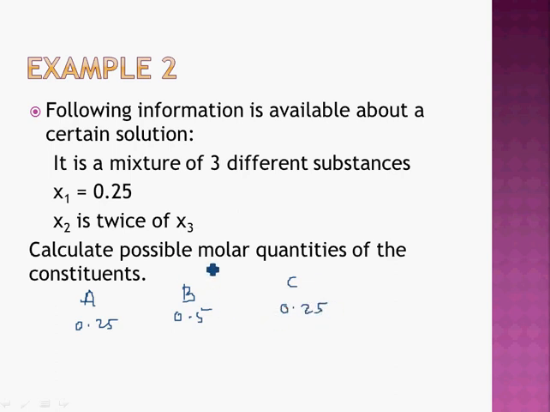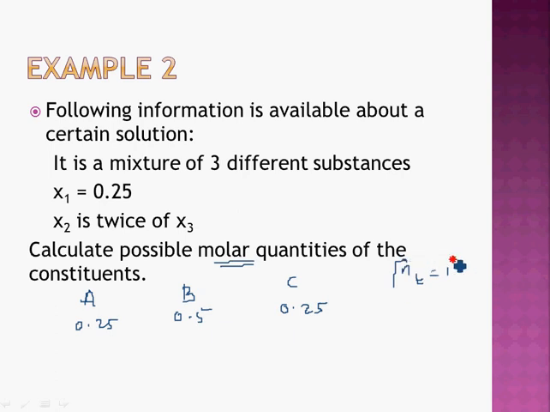But we do not have to calculate mole fraction. What we have to calculate is possible molar quantities, that is absolute values. So we have to interpret this data. This is mole fraction data, that is, it is in relative terms. Concentration units are always in relative terms, so I have to change this relative data to absolute values. How can I do that? I can simply assume that total moles of my solution is 1.